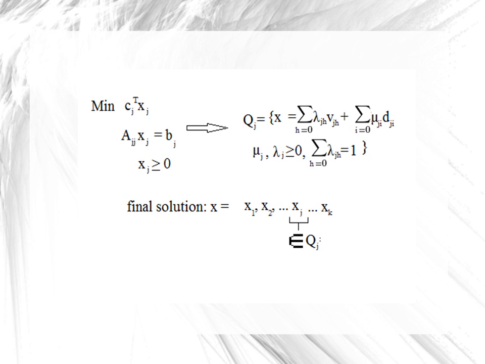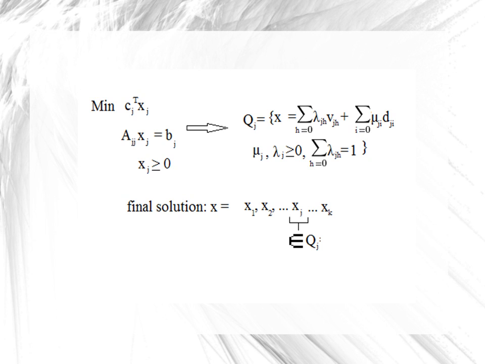We see that the feasible region Qj is defined by the extreme points and extreme rays. Since this is the only block that has any variables from xj in the original problem, the solution for the original problem will be from the region Qj if we just look at the part of that final solution that contains variables from the block xj.